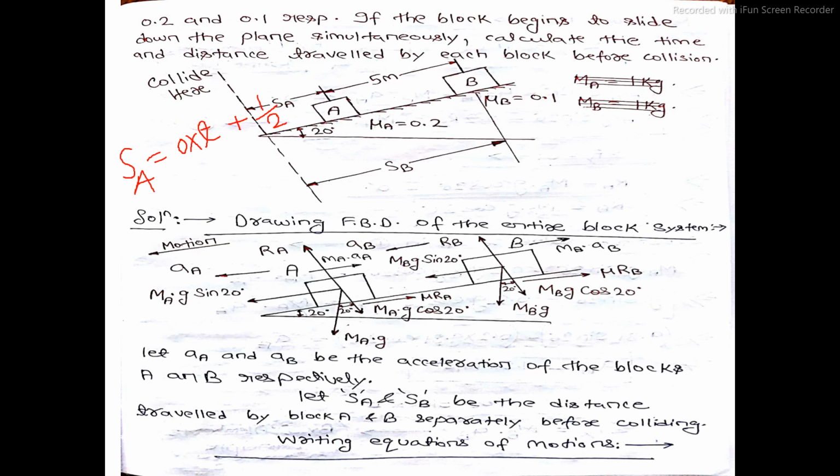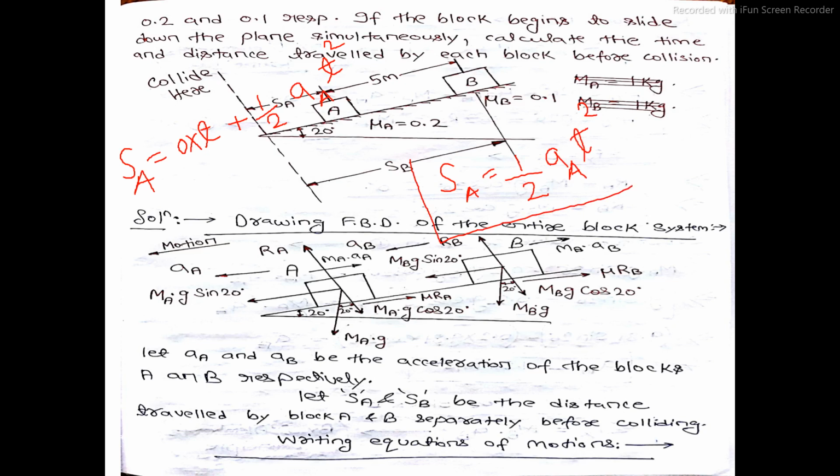The acceleration of block A, and the acceleration of block A is A suffix A into T square. What is T? T is the time taken by block A to reach the colliding point. So finally the equation will be SA is equal to half AA into T square.